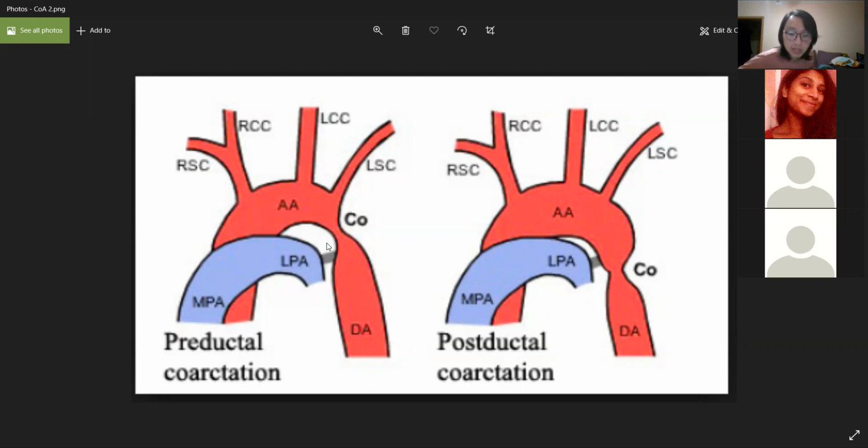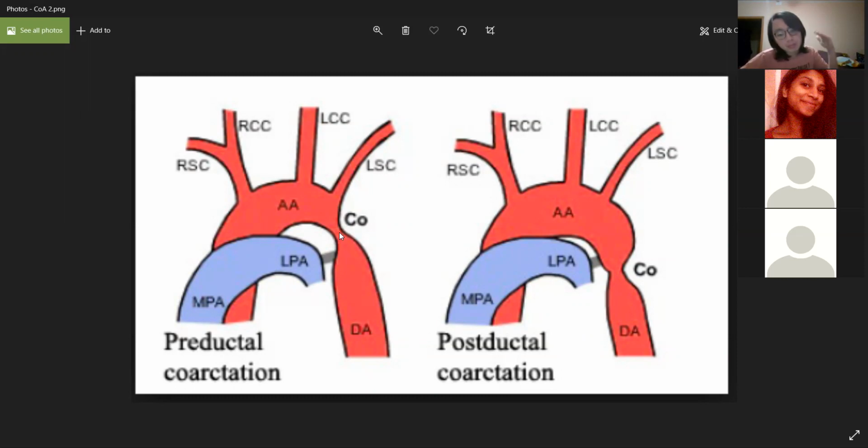Now, when it disappears, the circulation of your lower extremities is highly dependent on your aorta, on your left ventricle. And because it's severely narrowed, your lower extremities may not even receive perfusion. Because of this, there's a phenomenon called differential cyanosis. What does it mean?